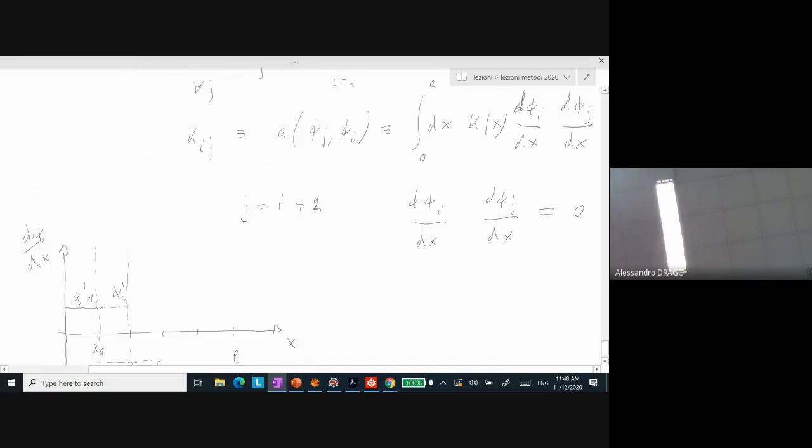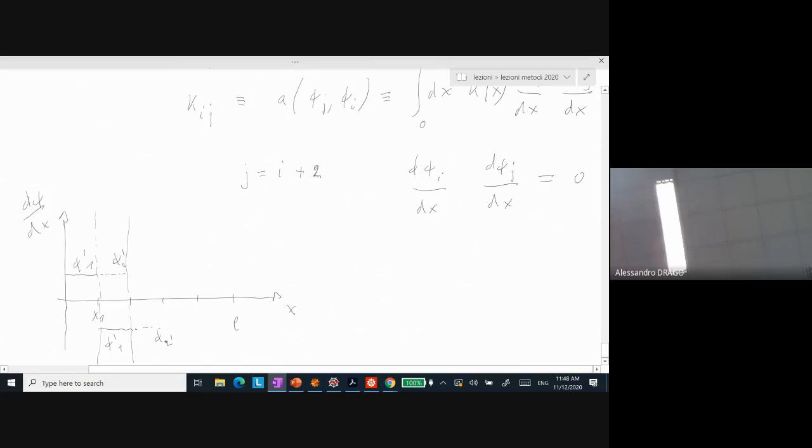So the only values of chi_ij which are not vanishing are the diagonal ones, chi_ii, and chi_i,i plus or minus 1. This means that we have what is called a tridiagonal matrix, a matrix which is different from 0 on the diagonal and on the two other diagonals, the one just above and just below the main diagonal.